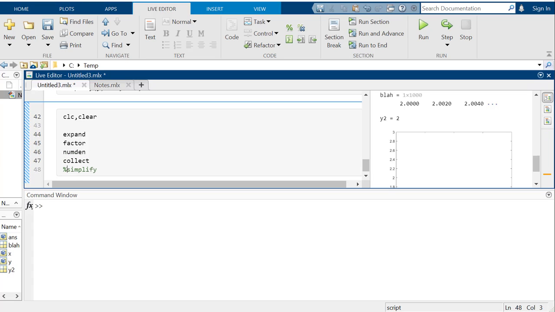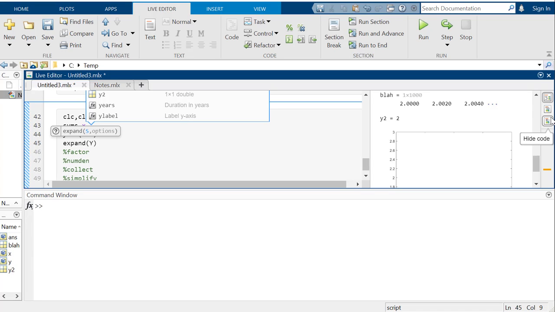I again recommend that you pause the video, play around with these and see what you can come up with. Okay, so let's pretend that you've done that. Let's say I've got y is equal to (x plus 3) squared.